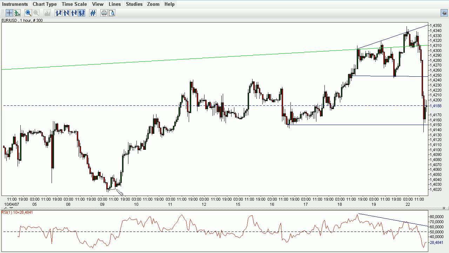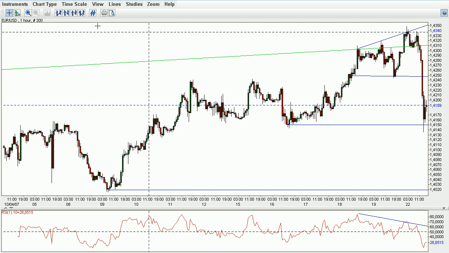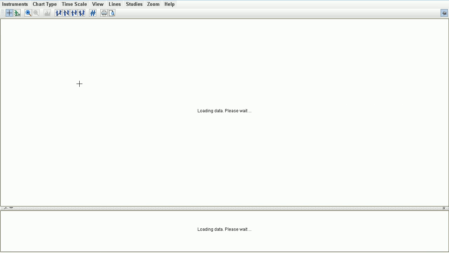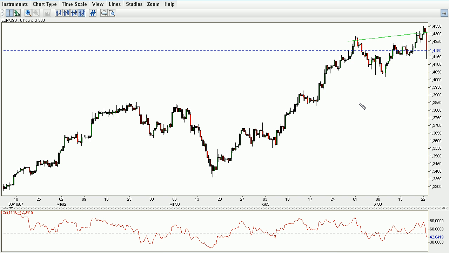We have another significant area right here at 1.4020, and we're expecting to see price falling down to at least this level in the near future. If we go back to an 8 hour time scale, we can see some more support levels, and at the same time potential targets for the euro dollar pair.